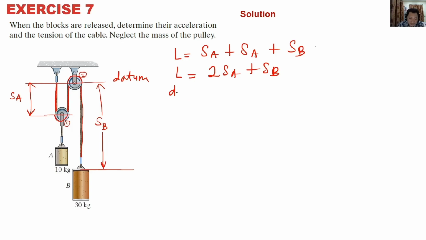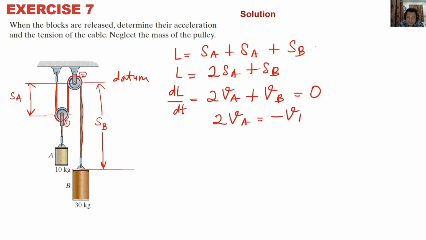So you differentiate over time, dL over dt, we get 2VA plus VB. dL over dt equals 0, because the length does not change. Length is the same. So you have 2VA plus VB equals 0, or 2VA is equal to negative VB.